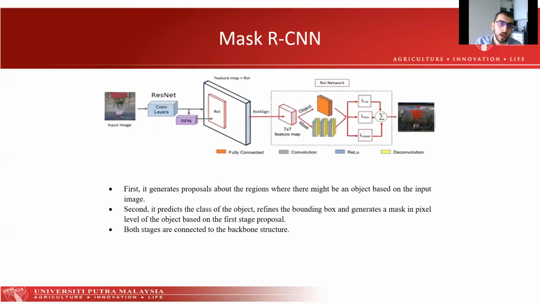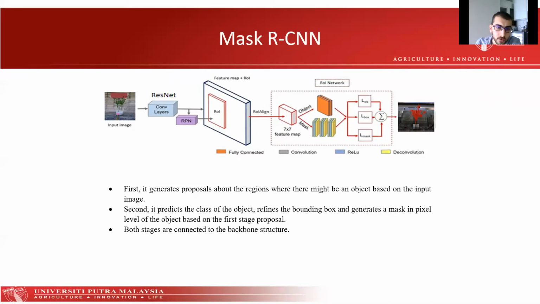Methodology. The Mask RCNN architecture, as you can see in this figure, has two stages. Both of the stages are connected to the backbone structure, and the backbone consists of two main networks, which are, in our case, either ResNet 50 or ResNet 101 with a feature pyramid network.